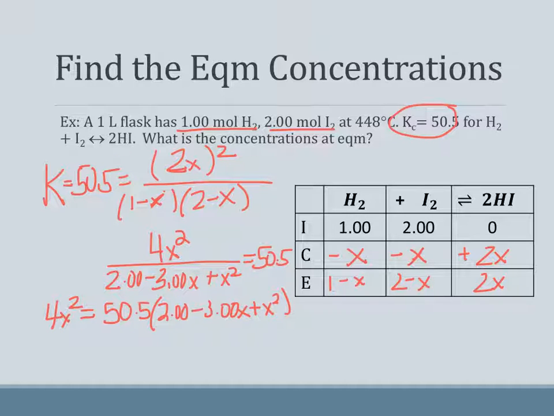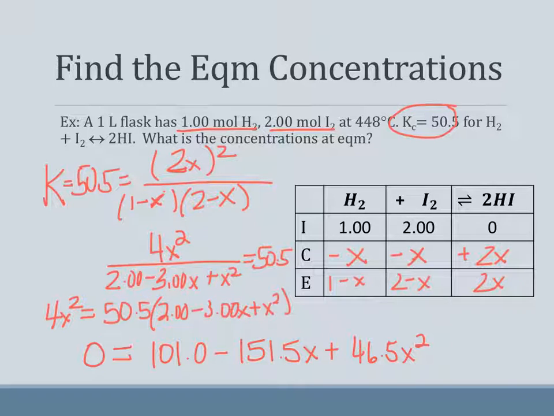So if you factor in the 50.5 to this parentheses here, and then you set it up so that you have 0 equals, because that's what you need for the quadratic, you will have 101.0 minus 151.5x plus 46.5x squared.